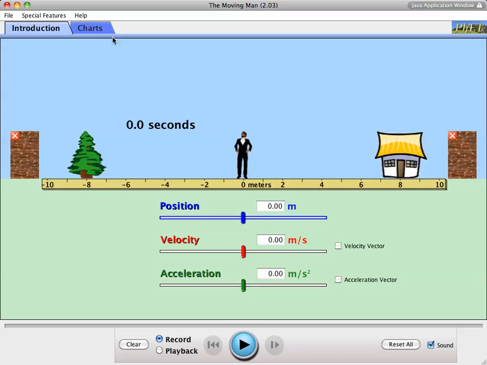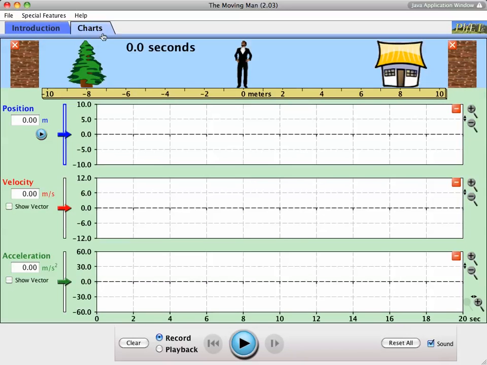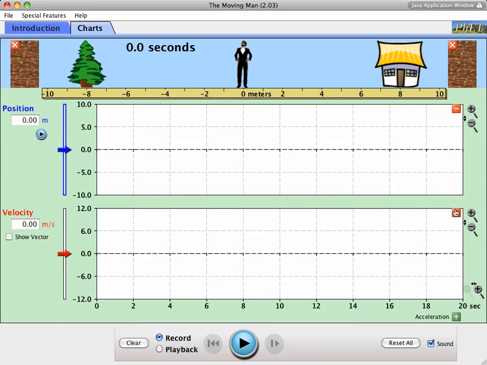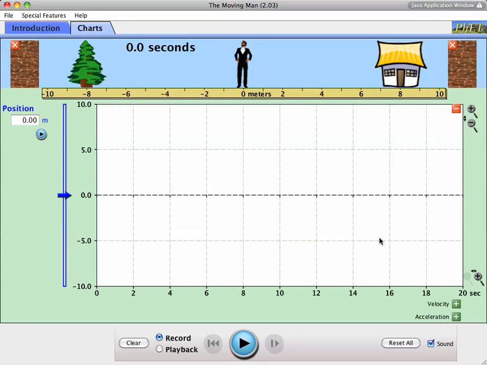All right, the very first thing that you're asked to do is come over here, and where you see this tab that says charts, hit that, and you'll see that we have a place to graph the motion man's motion. But for the first example, we want to get rid of the velocity and the acceleration graph so that it just looks like this.